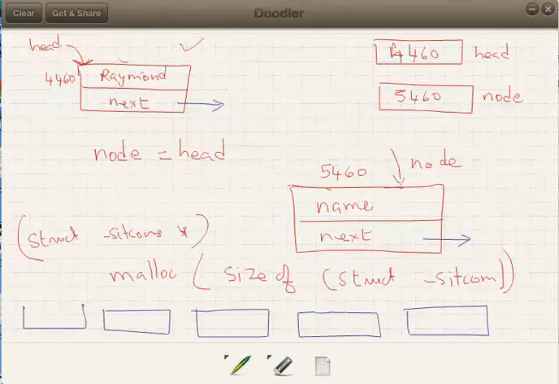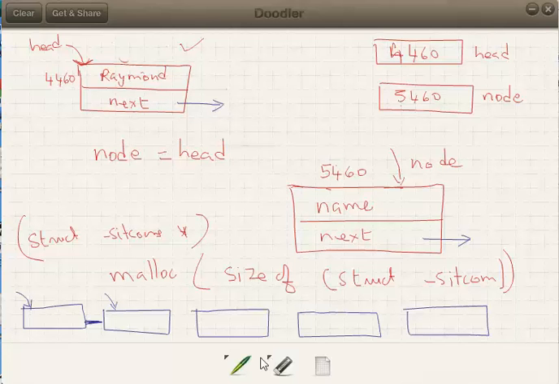We got the first head and the node. Now we need to link these guys, right? That means the chain from the rear end of this car should be attached to the front of this guy, right? That means he's a pointer, has to be pointed somewhere.